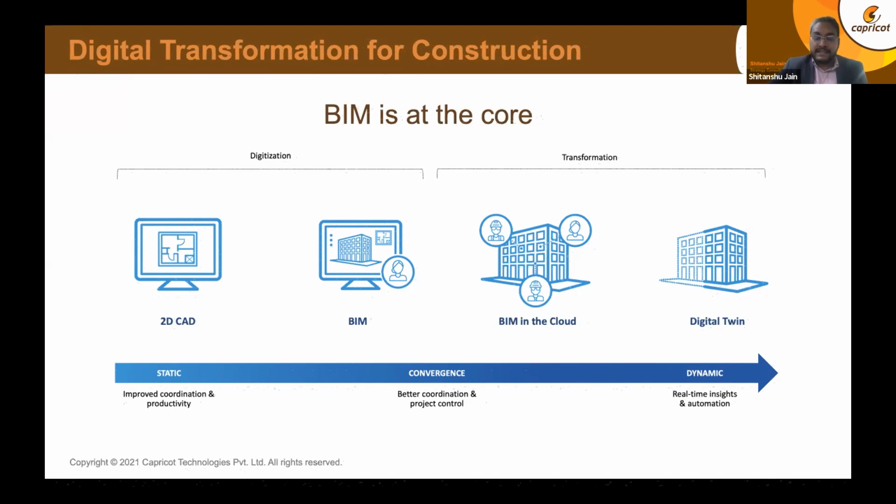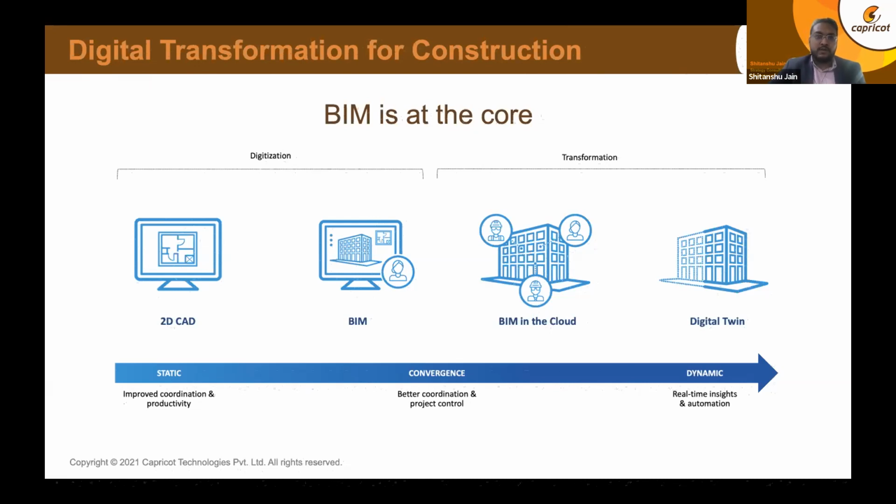And in this next 10 years, people will look at options of moving BIM to the cloud, or having a collaboration platform in which I can have all my stakeholders converge on one single point and have better coordination and project control.